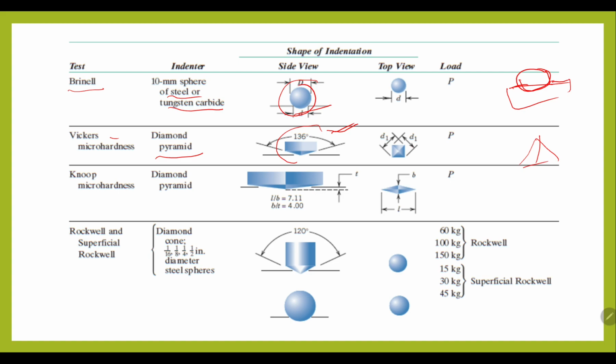The next one is called Knoop hardness. This is similar to Vickers hardness. It uses a diamond tip in a pyramidal shape, but here the dimensions are a bit flatter. It is used where the thickness of the specimen is low. The final one is called Rockwell hardness. In this we have two types of indenter. The first one is the diamond cone, and the second one is the spherical steel ball, which is similar to Brinell hardness.